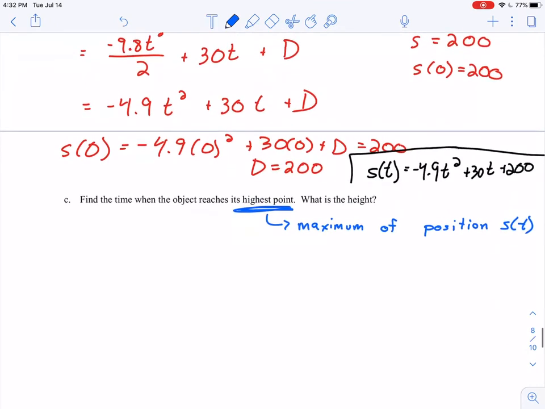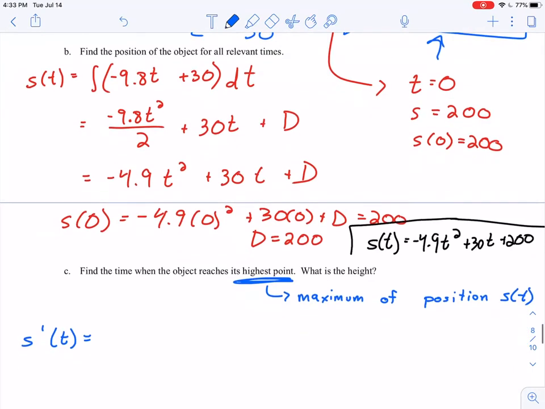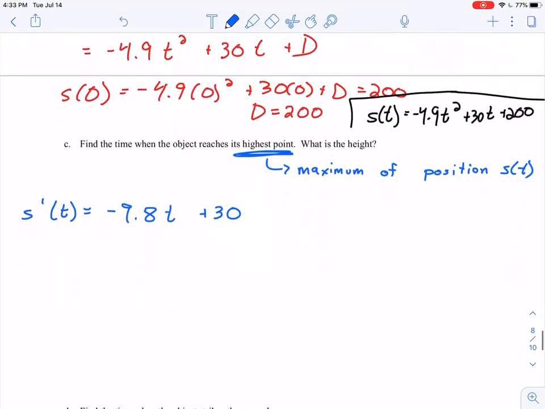I'm going to take the derivative of my position function, which we actually have. We had that as the velocity function, which I actually have conveniently written in blue right here, negative 9.8t plus 30. And I'm going to see if I can find the critical points of this function.